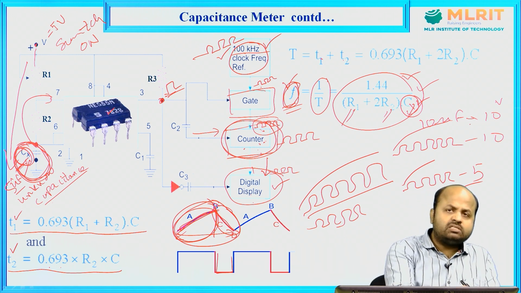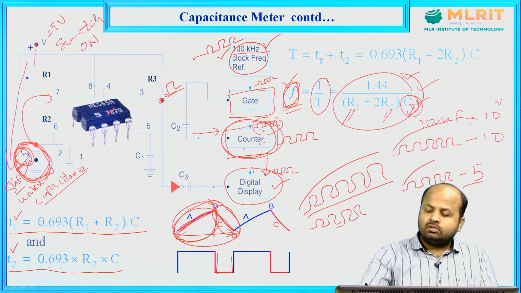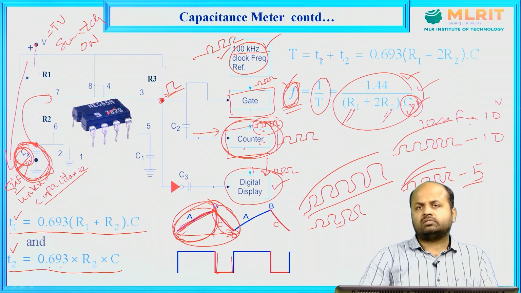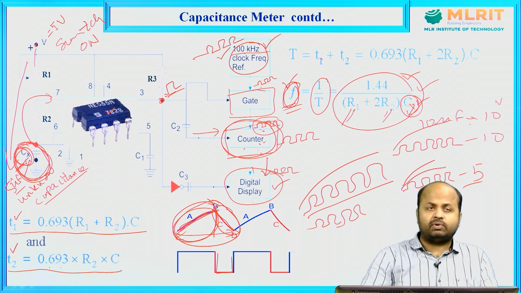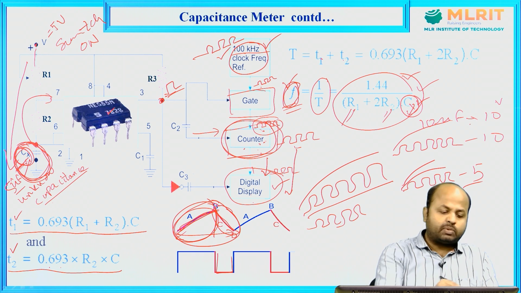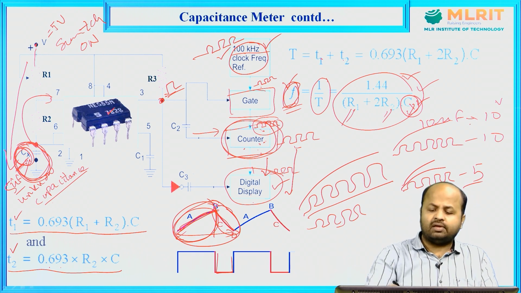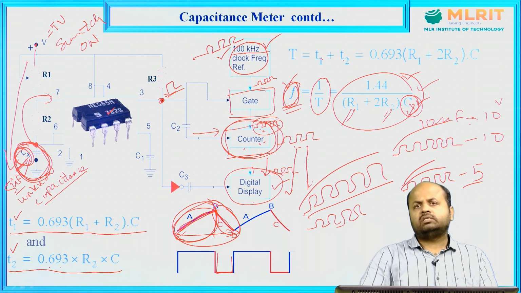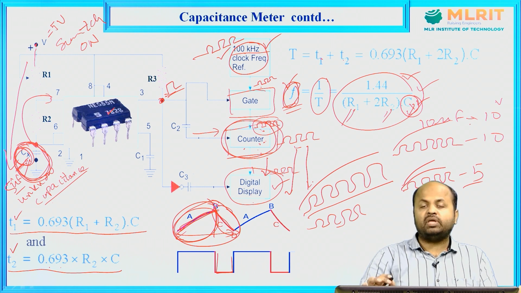If capacitance is very less, it counts fewer pulses. So if the capacitance value is high, more pulses are counted and a larger number is displayed here. If it is less, a smaller number is displayed. This is the basic working principle of a capacitance meter based on the time constant method.